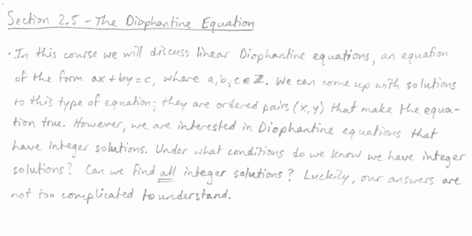So as I just mentioned, we're going to look at linear Diophantine equations. And these are equations of the form ax plus by is equal to c, where a, b, and c are all whole numbers. Now, ax plus by is equal to c looks like, and is the general form for, a linear equation.